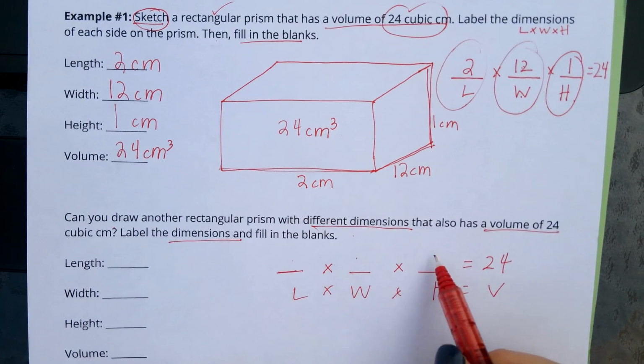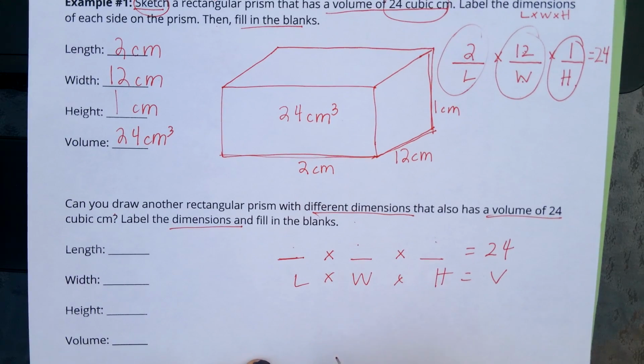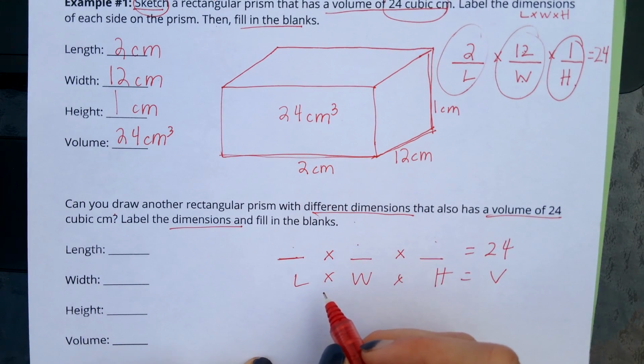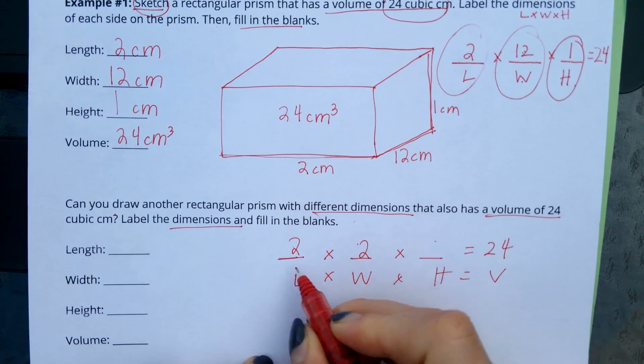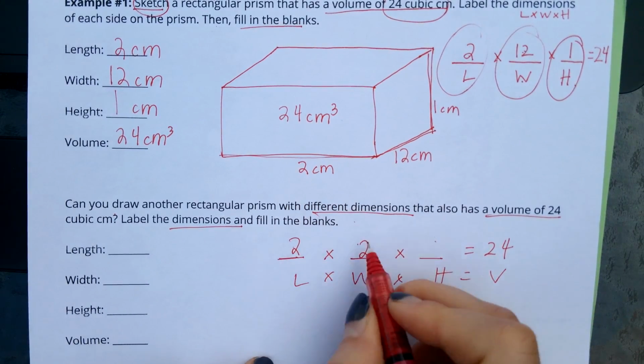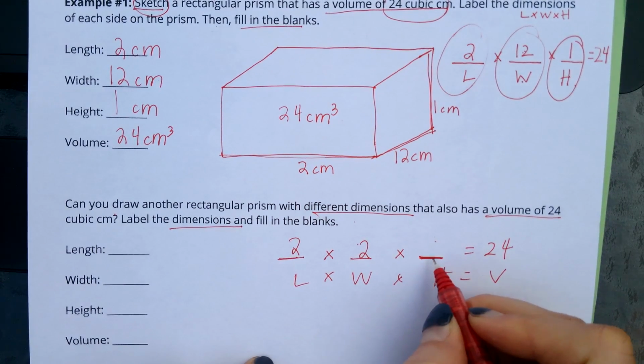So, okay, well, I need to think of 3 numbers that multiply together to give me 24. Let's try 2 times 2. 2 times 2 is 4. Let's skip count by 4 and see if we can get to 24 to find this missing multiplication factor.